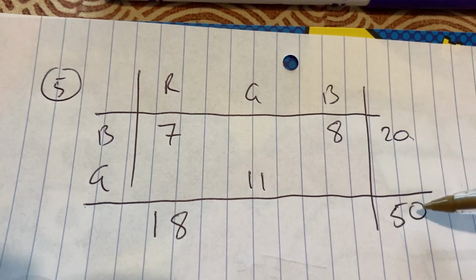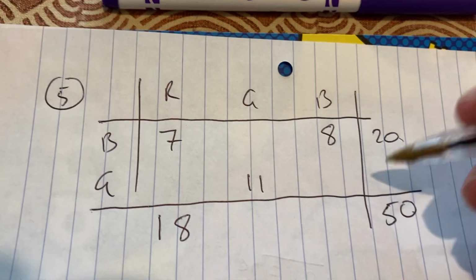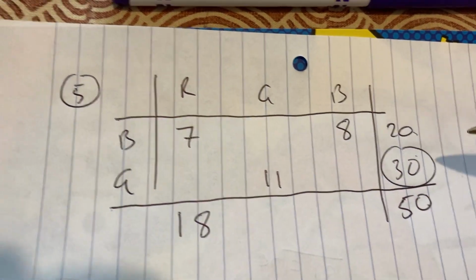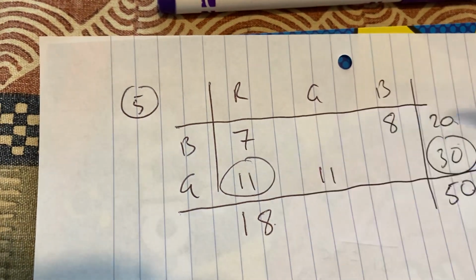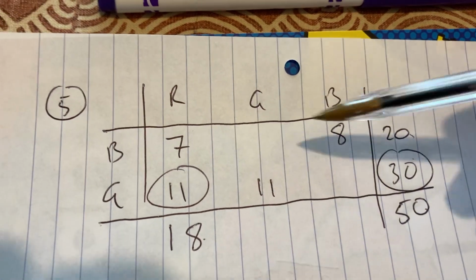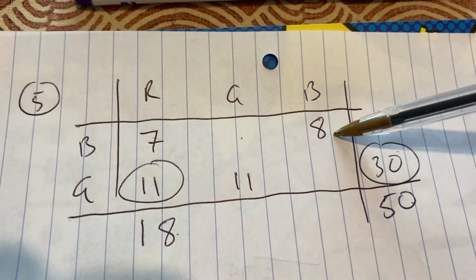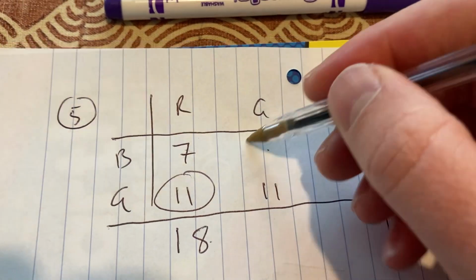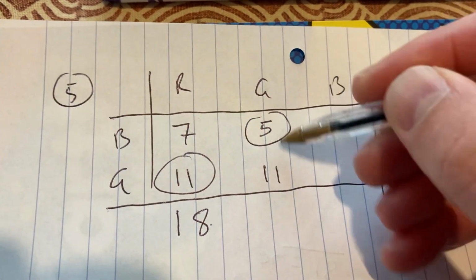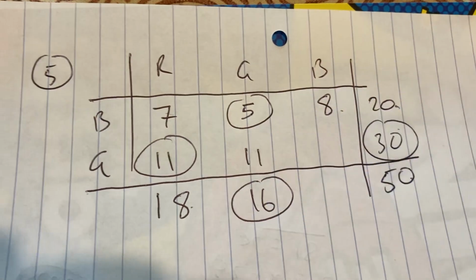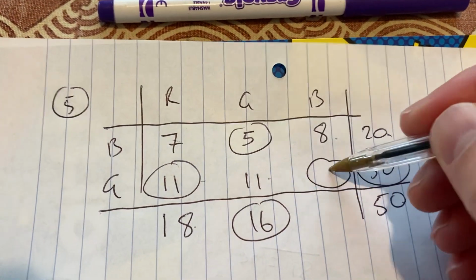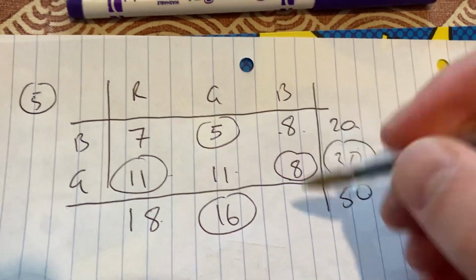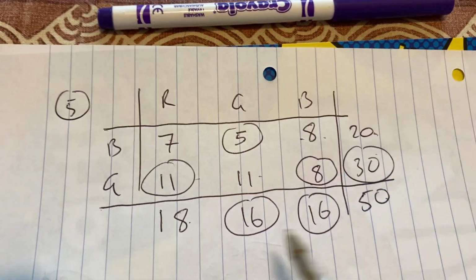I know that that must lead to 50 if I add that, so that one must be 30. 7 plus that must equal 18, so that must be 11. 7 plus that one plus 8 must equal 20, so that's going to be 5. 5 and 11 is 16. 11 plus 11 is 22, meaning I need 8 there, and 8 plus 8 is 16.